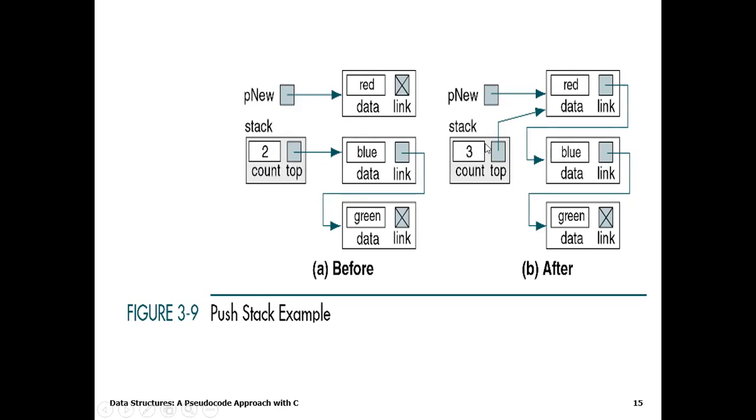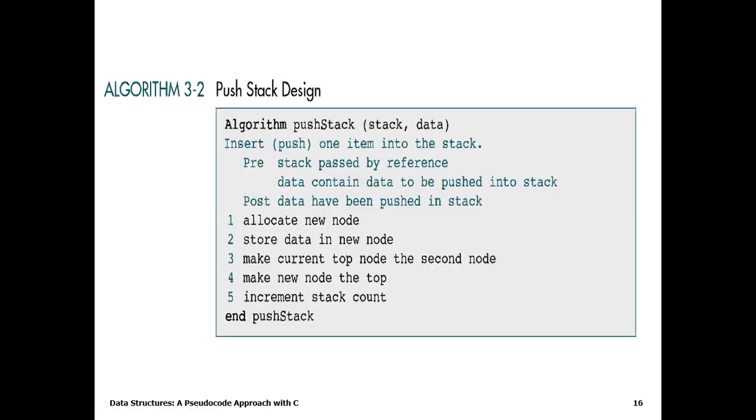So if I'm going to add the P new here, then the top will be connected to the P new. So now I will create a connection to the top. Next part, that is the top pointer will be pointing from blue to red, and red's next link will be connected to blue. This is how the push function in the stack works.